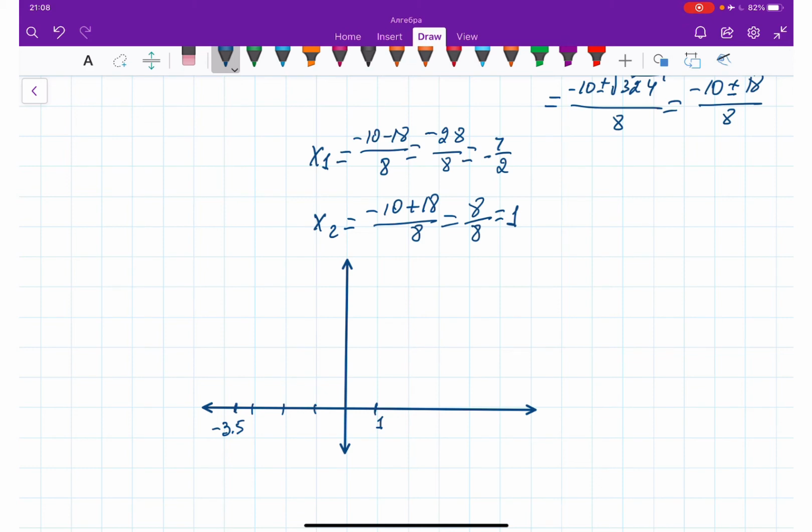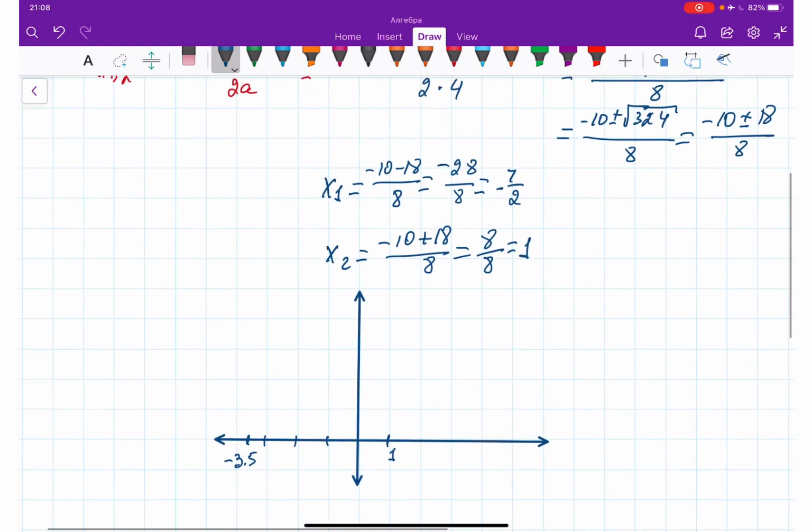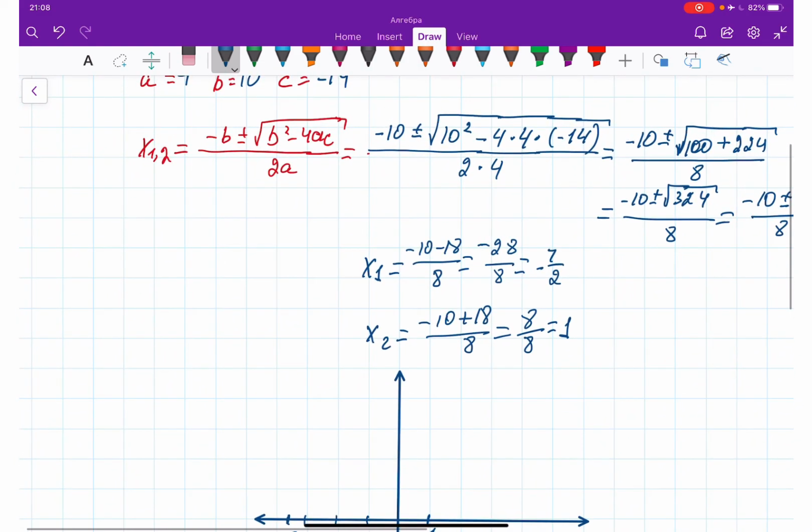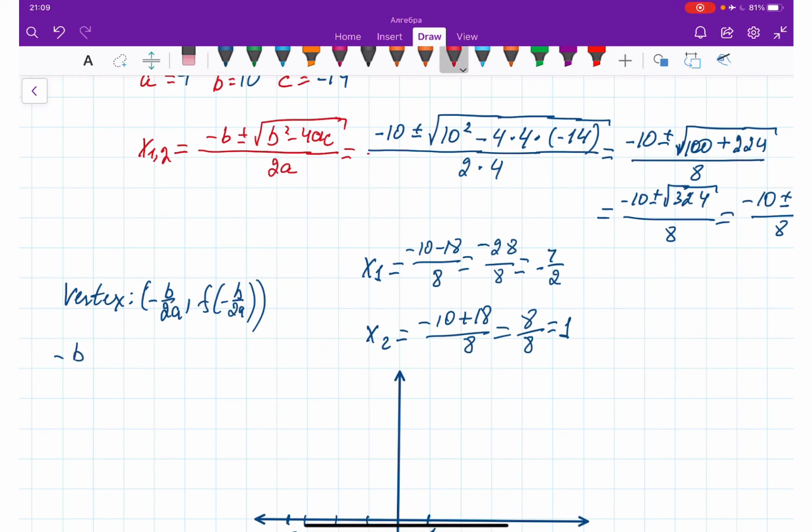Now we need to find our vertex. Okay, we can find the vertex. So the vertex is coordinate negative b over 2a, and we have the function of negative b over 2a. All right, negative b over 2a is going to be our x, and this is y of the vertex, right?